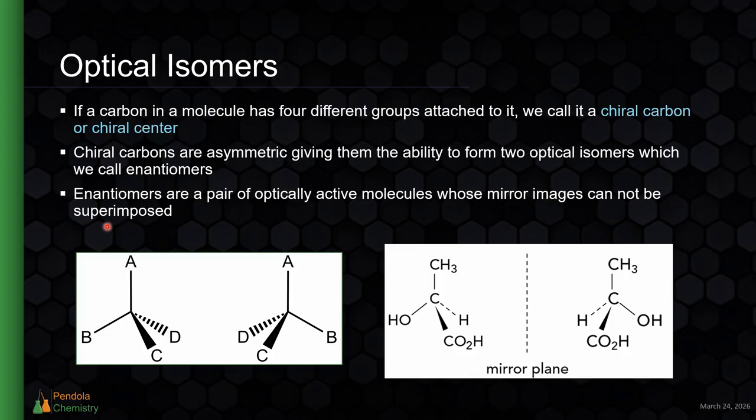And that's what non-superimposable means. Even though your hands are mirror images of each other, your thumbs are on opposite sides when you try to overlap them with each other. That's what a non-superimposable mirror image is, and that is what is happening with these optical isomers.